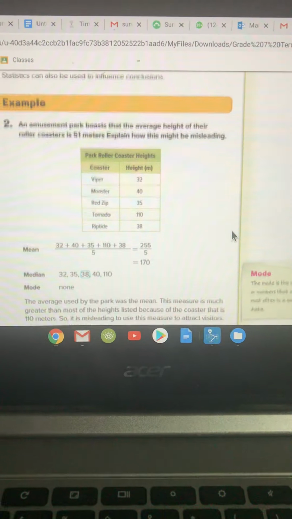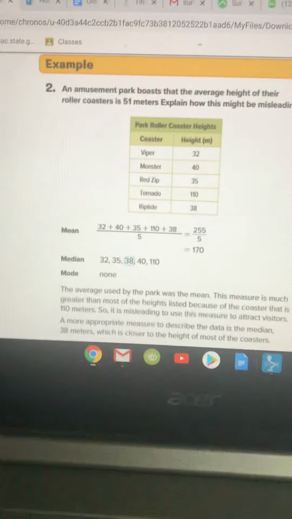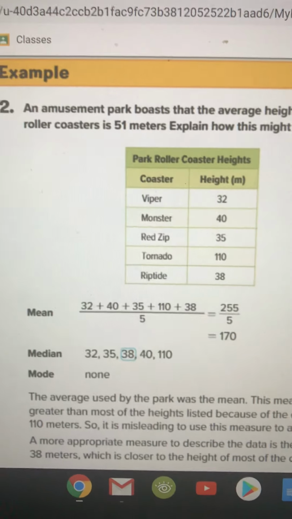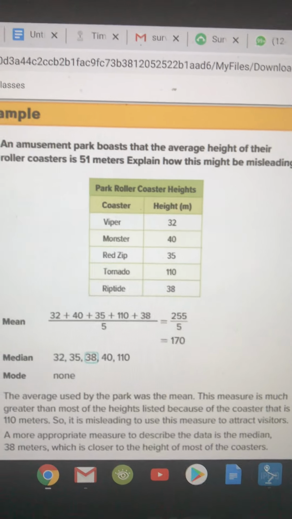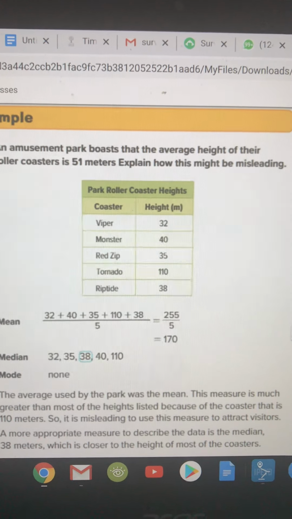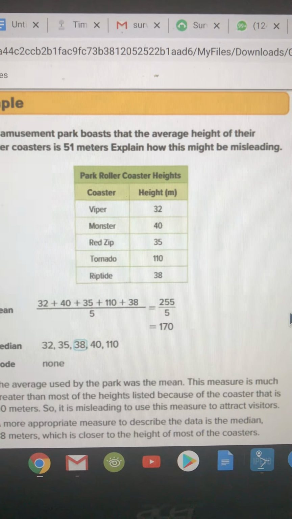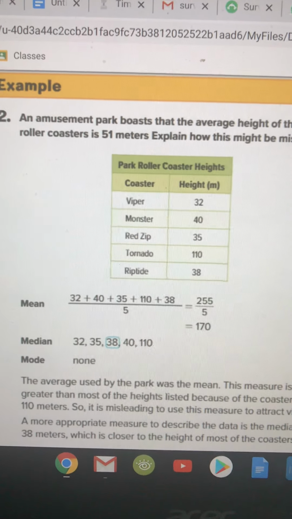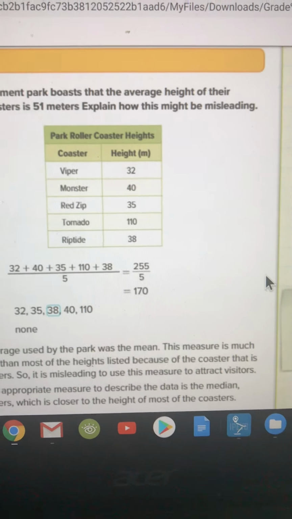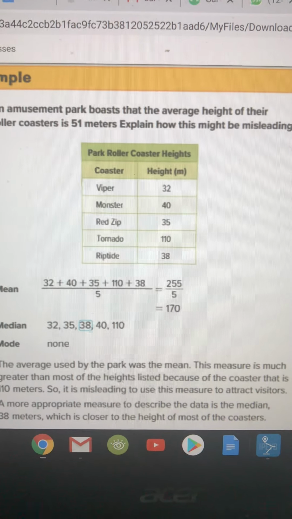Example 2. You have a table and you have data. An amusement park boasts that the average height of their roller coaster is 51 meters. That's what they are proud of, that we have the highest roller coaster of 51 meters. Explain how this might be misleading.